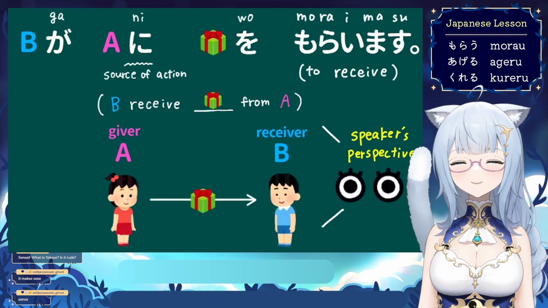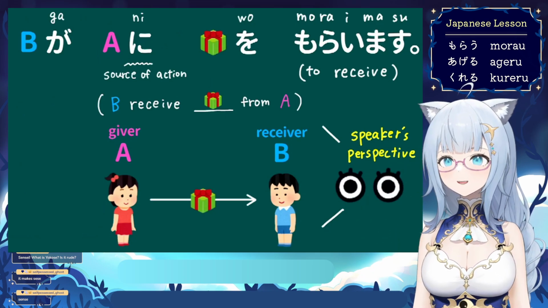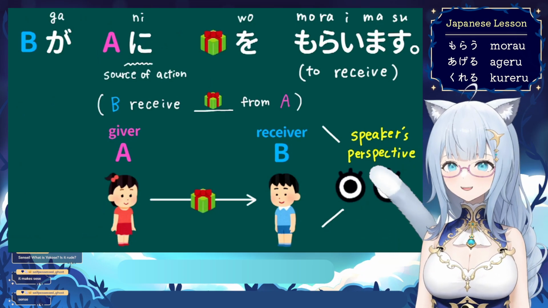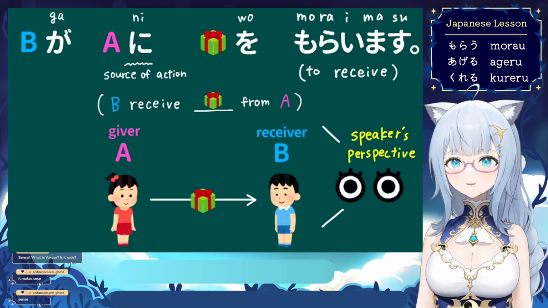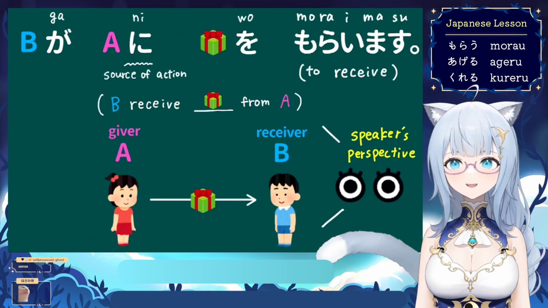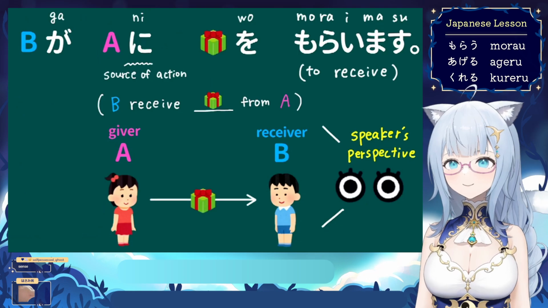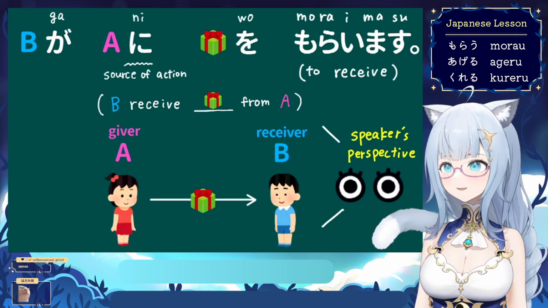So the receiver B is the subject, right? So the speaker is looking at them from the receiver B side.